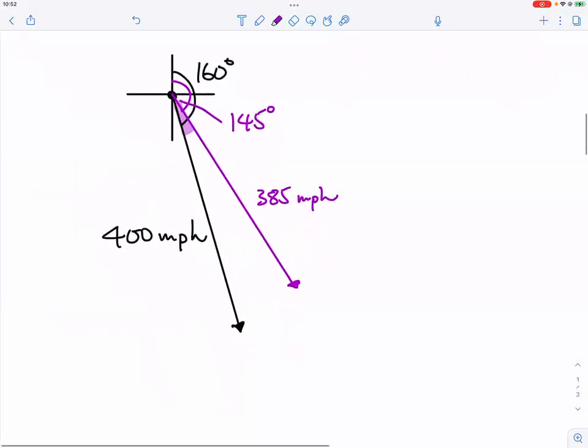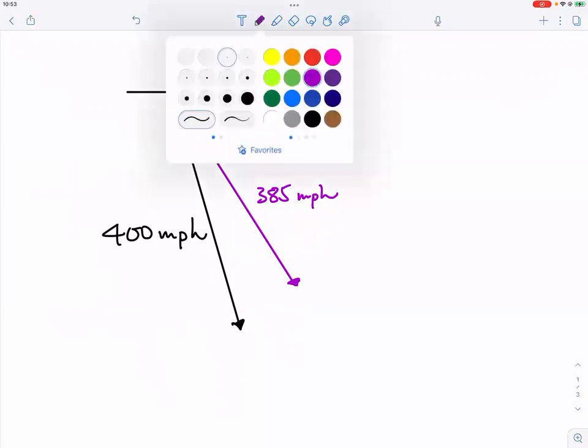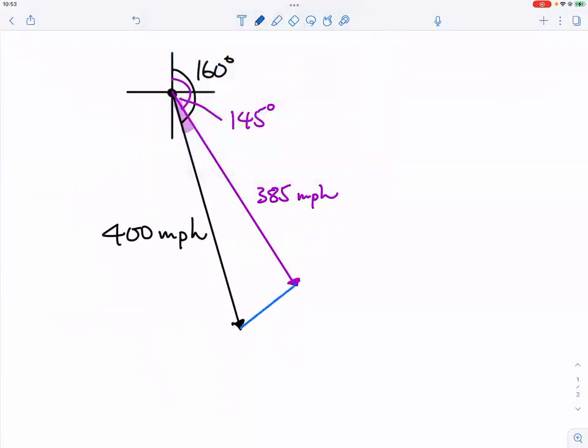Now, the purple line that I drew here is the resultant. So that means the two vectors added up together will give you this resultant. So that means the wind speed must be this one. It must connect the head to the resultant.